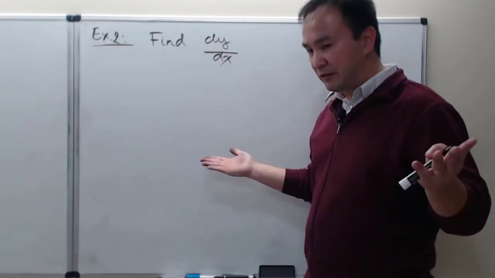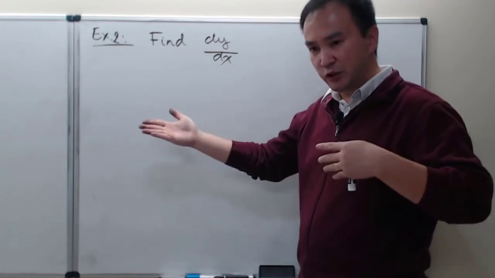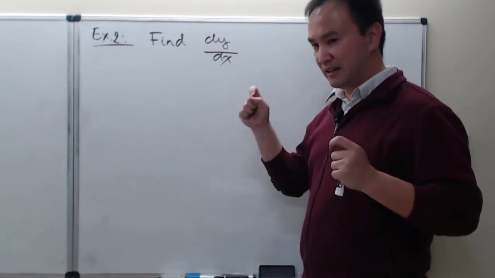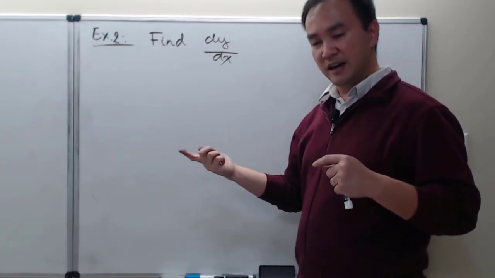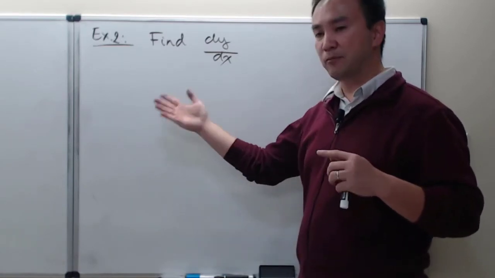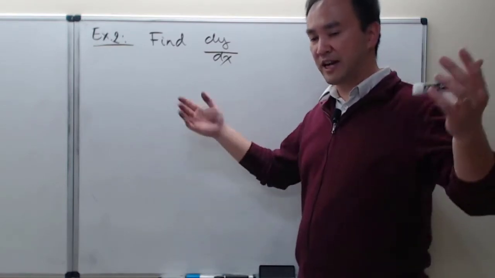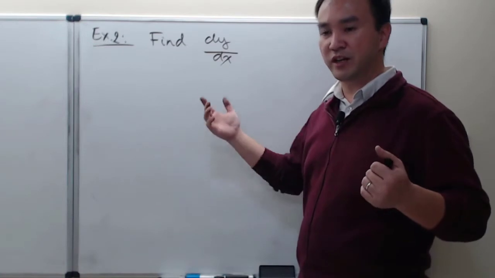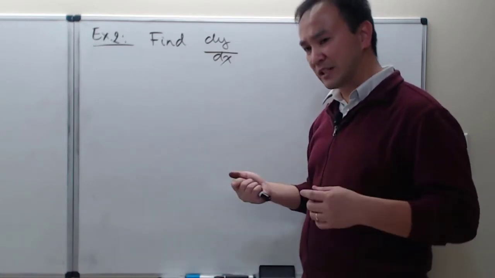So after you view the video, grab any calculus textbook and look into their problems. And I'm sure any textbook in the market out there for calculus has a section, a chapter that talks about implicit differentiation, and you will find tons of problems out there. Or get on the internet and find problems where you can find the derivative using implicit differentiation.